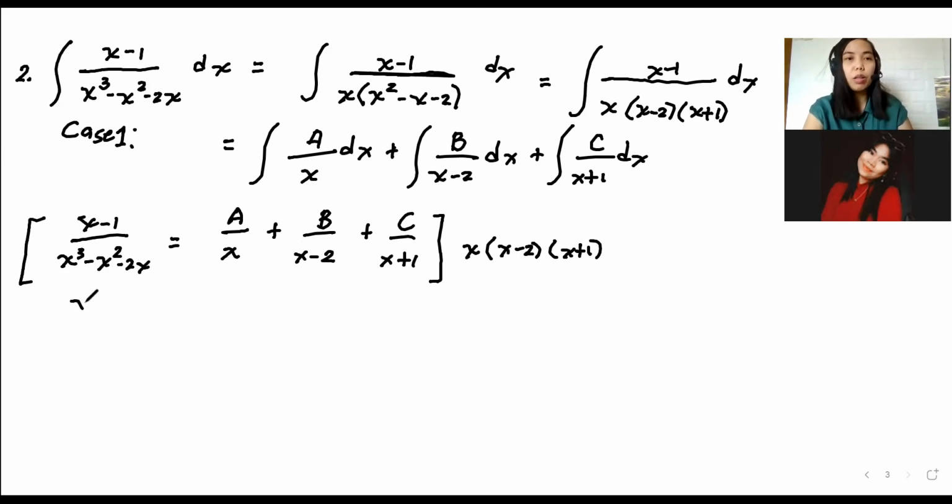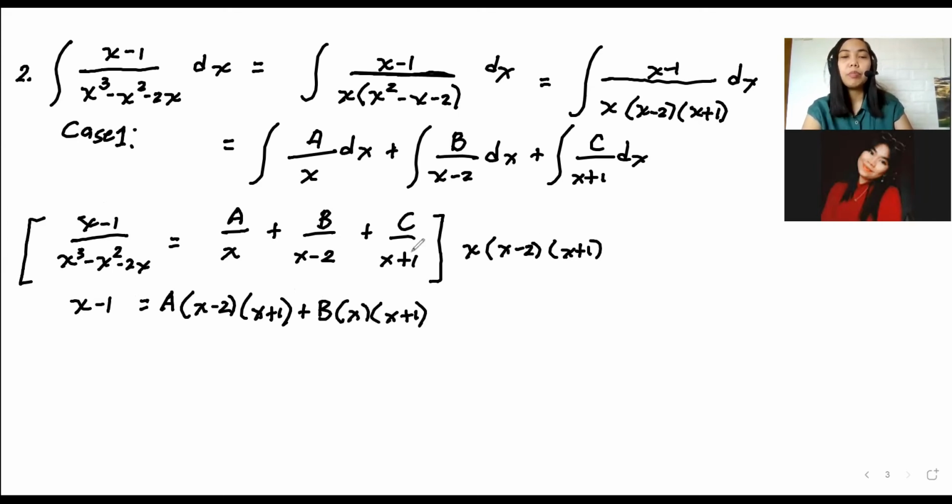Multiply by x minus 1, so x minus 1 equals A, i-cancel si x, so you will have x minus 2 times x plus 1, plus B, cancel sa x minus 2, so you will have x times x plus 1, plus C, cancel sa x plus 1, so you will have x times x minus 2.